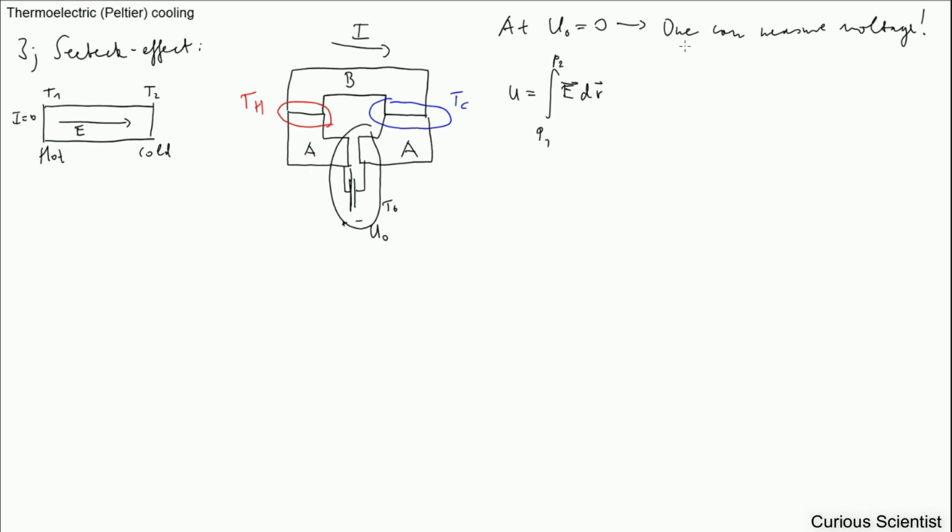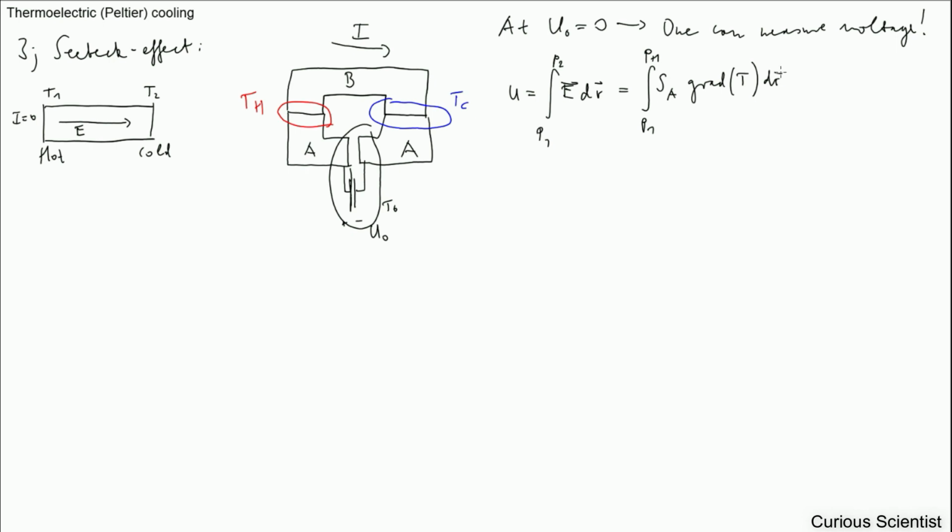So basically, you will see it from the equation. First we go from P1 to PH, so from here to here, and we have the A material's Seebeck coefficient and a gradient in temperature.